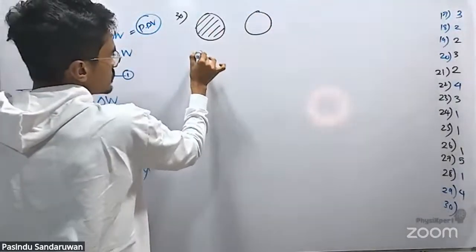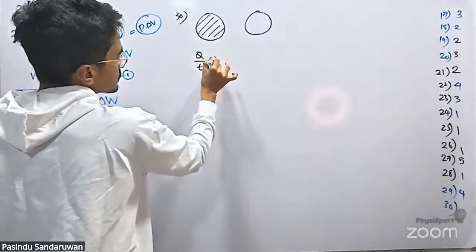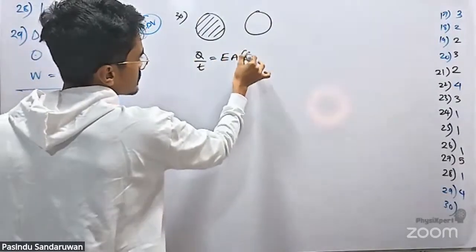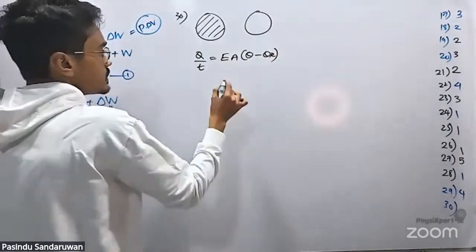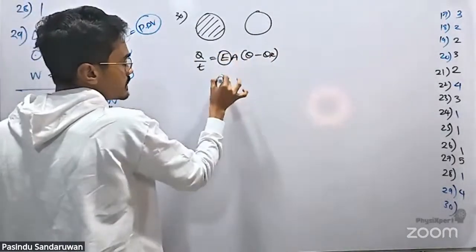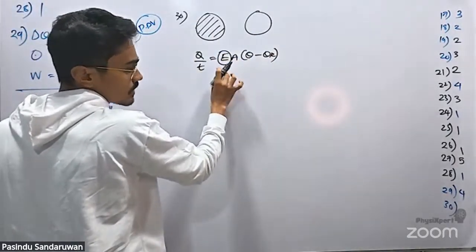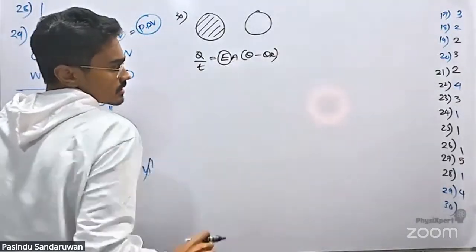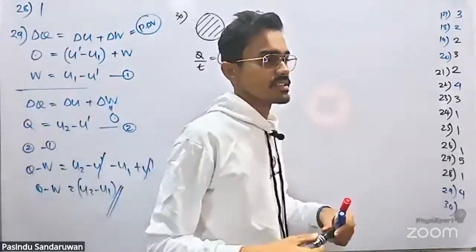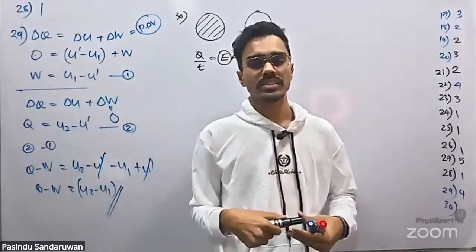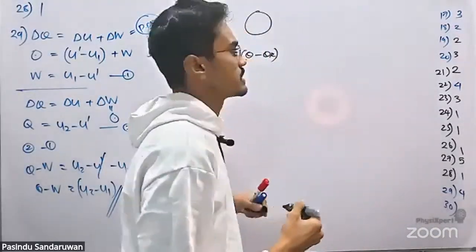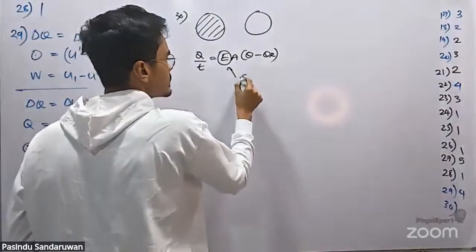So we know, according to Newton's law of cooling, Q over T is E A (theta minus theta R), right? E is the emissivity, called the coefficient of emissivity.